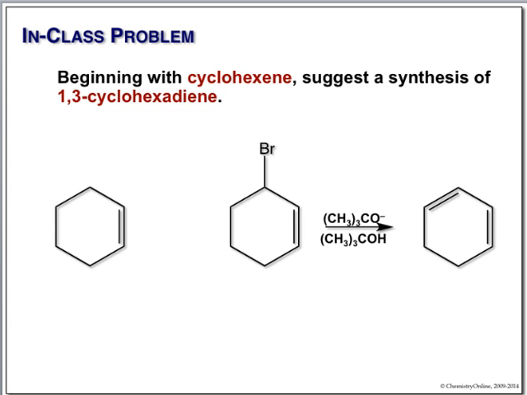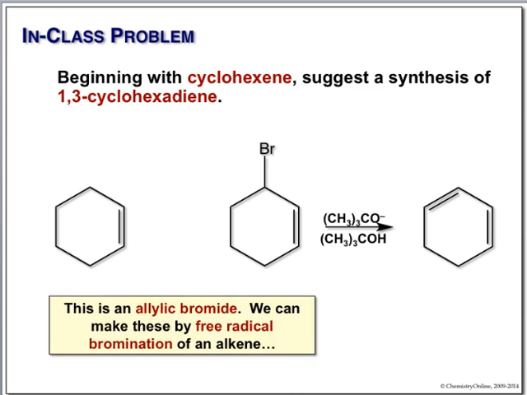How do you make allylic halides? The allylic bromide is done by a free radical bromination. Remember? Because the radical you form is stable. How do we make the allylic radical?